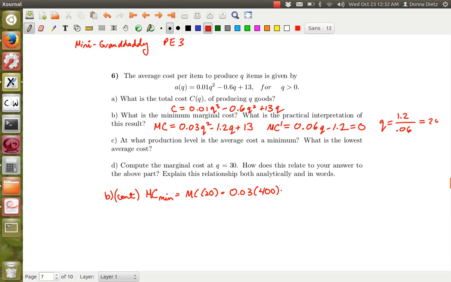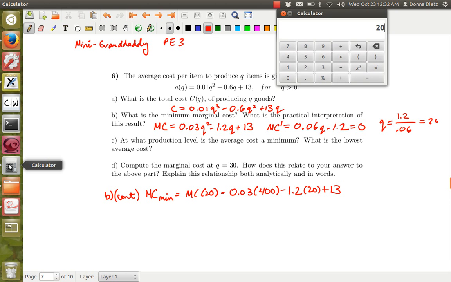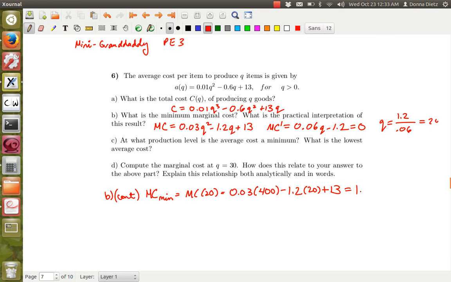And then minus 1.2 Q plus 13. Let's pull out our calculator: 0.03 times 400 minus 1.2 times 20 plus 13. You'll be shocked: it's 1! That's evidence it's a rigged question, because in real life things don't turn out to be 1. If it does, you should redo it because you made a mistake.